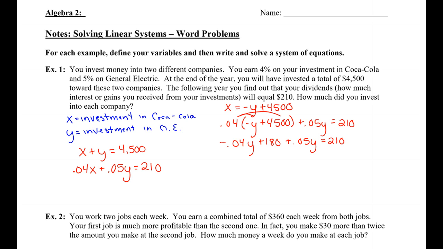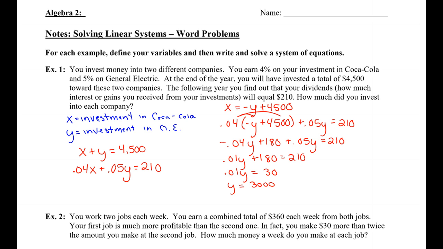So I get 0.01y plus 180 is equal to 210. And if I subtract 180 from both sides, I get 30. And if I divide by 0.01, I get 3,000. So I know y is equal to 3,000.